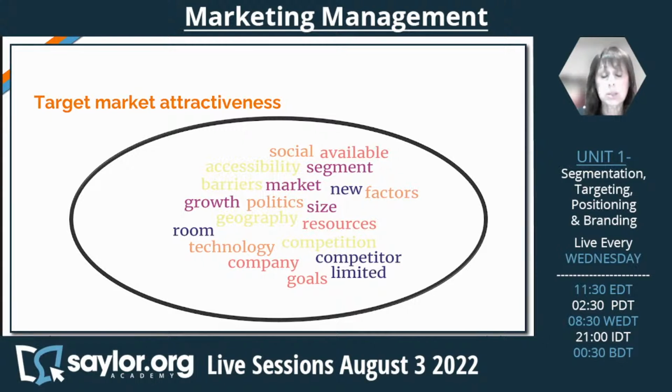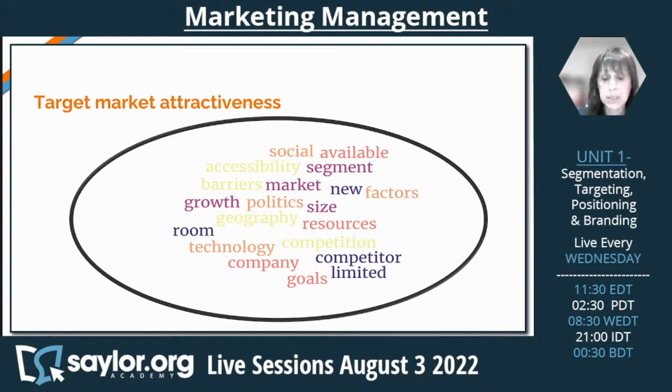You also want to look at the segment growth to see whether there's a future in this market and whether future sales are possible. There also has to be room in the marketplace for a new competitor. You could be going into a marketplace, but if it's really saturated and there's no room for a new competitor, that might not be a place to go.